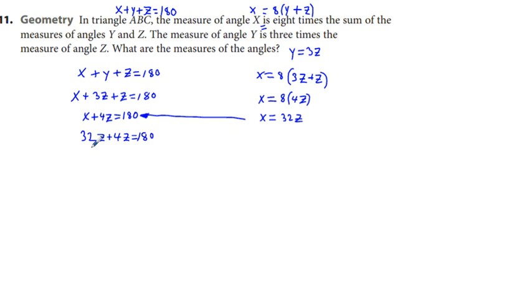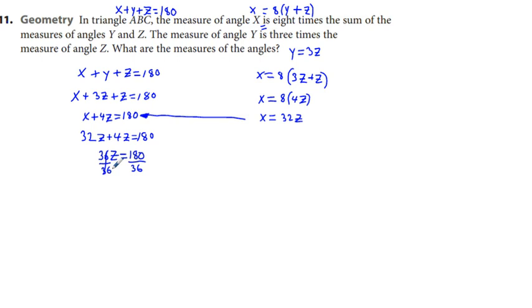And so that's going to be 32 plus 4 is 36. We have 36z equals 180. And now if we divide by 36, we're going to have the solution for angle z.